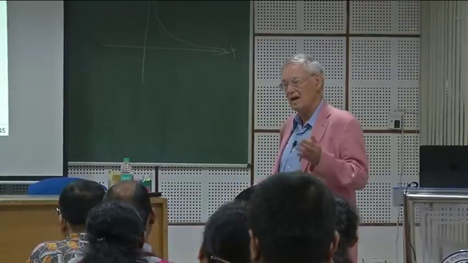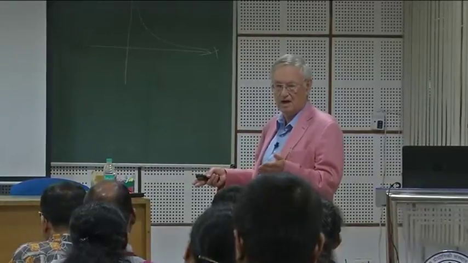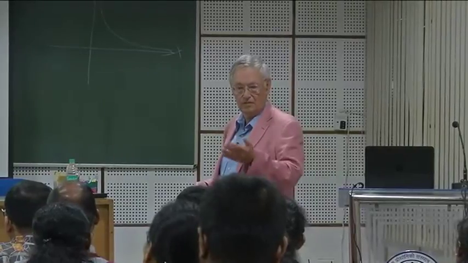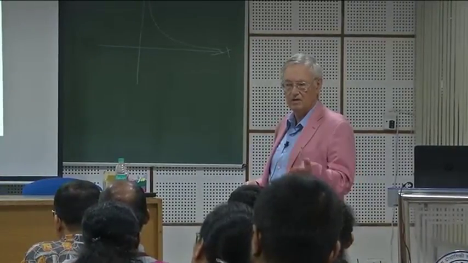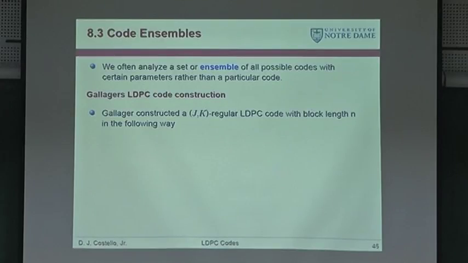That allows you to say that there'll be a certain fraction of codes in this ensemble that have a given minimum distance, so you know that if you select codes from this ensemble, you can find good codes. Oftentimes it's easier to use large ensembles and averaging techniques than to analyze specific codes. This is the way Gallager approached his work: he constructed code ensembles rather than individual codes, and then analyzed those ensembles.